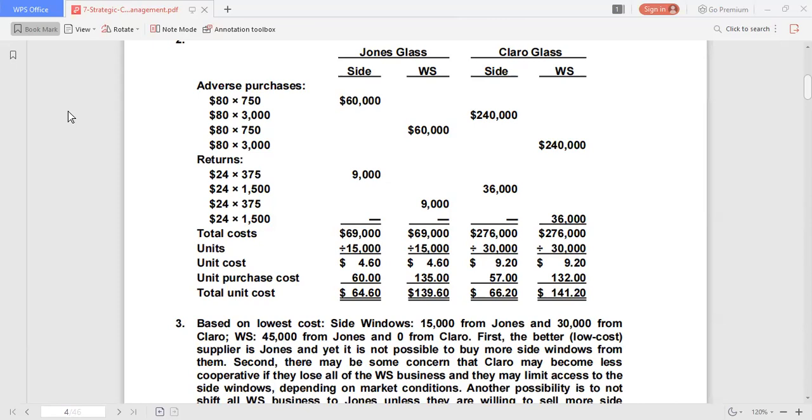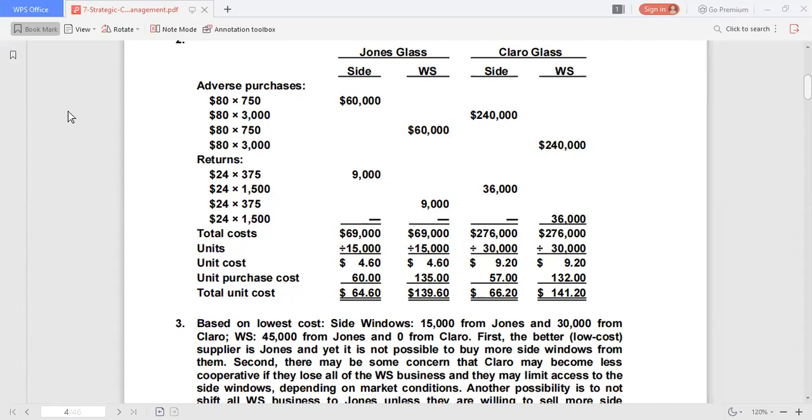So it's Jones with only 139.60, but that of Claro is 141.20. So in this connection, Ventana may purchase all from Jones, even the 45,000 windshields, that is now the total of 15,000 and 30,000.